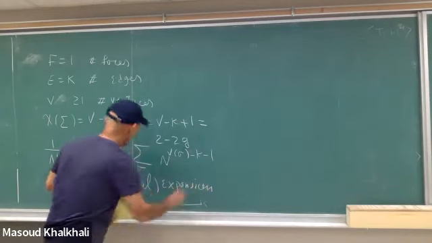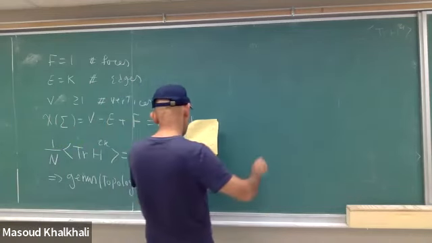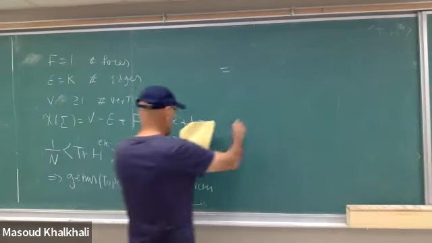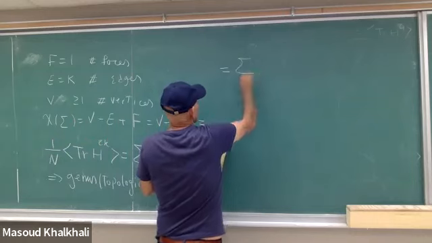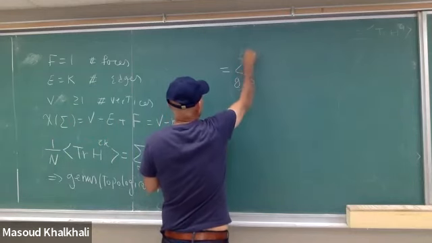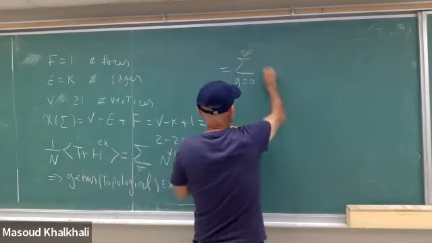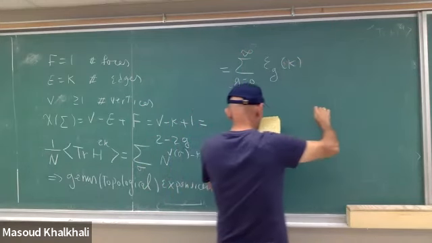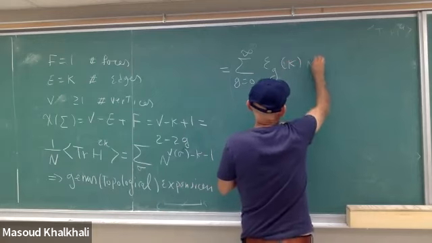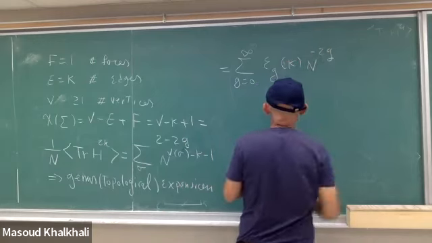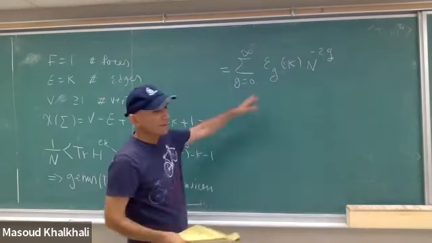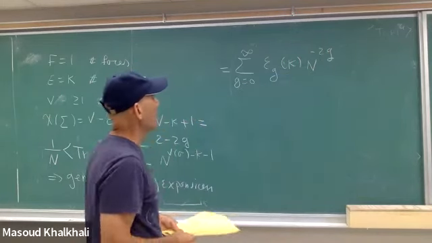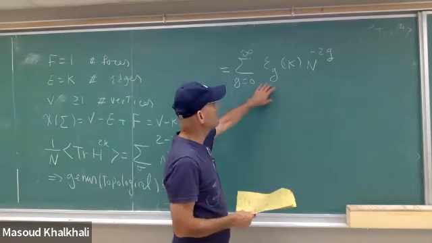It's a very simple case of the general fact. So this is basically equal to the sum over g from 0 to infinity of epsilon_g(k) N to the power minus 2g. These epsilon_g(k)'s are very important combinatorial numbers. They are extremely difficult to compute.